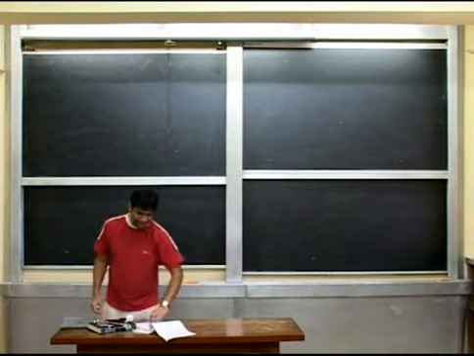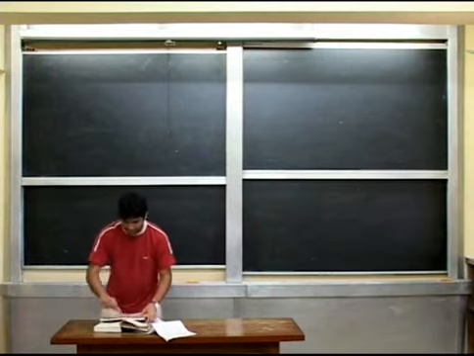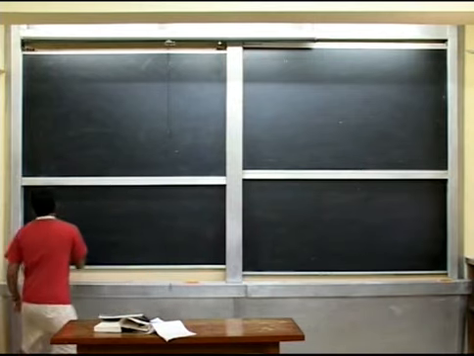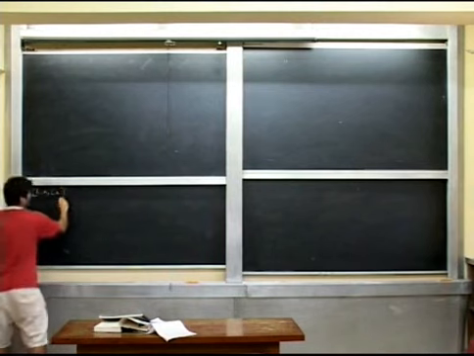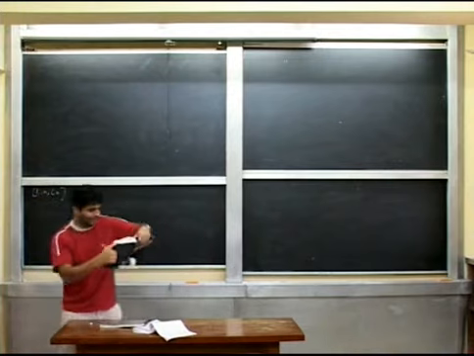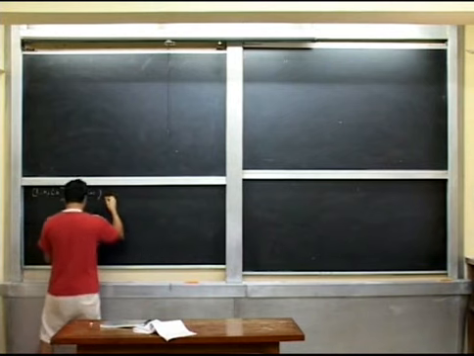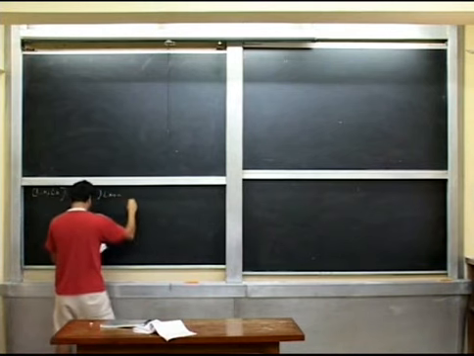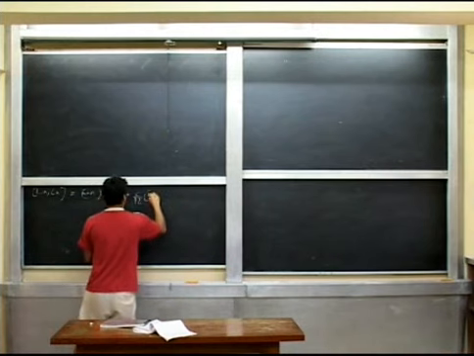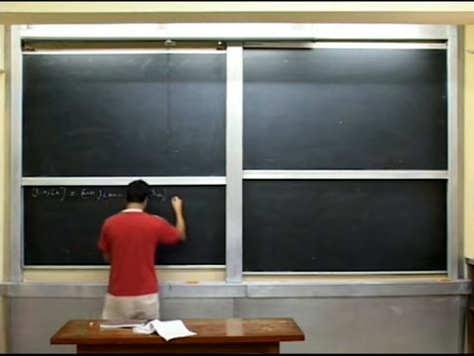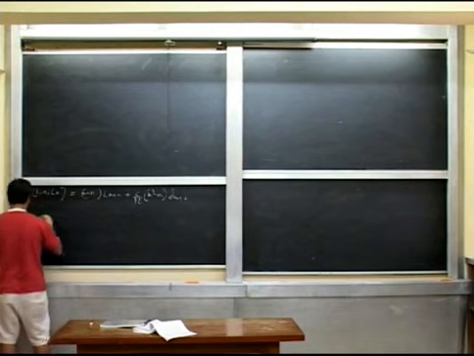So we ended the last class with a derivation of this superconformal algebra, which I will just rewrite again. We had [L_m, L_n] = (m−n) L_{m+n} + c/12 ..., and this is the usual conformal algebra.